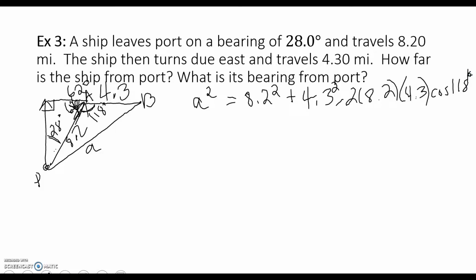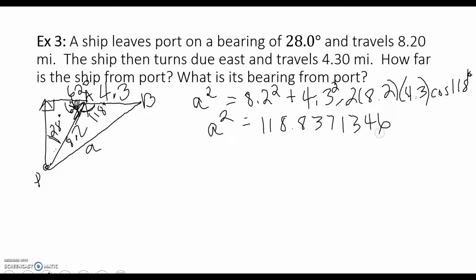If you plug all that in your calculator, 8.2 squared plus 4.3 squared minus 2 times 8.2 times 4.3 times cosine of 118, you get 118.8371346. So a squared is equal to that. Again, you don't have to write this out. I'm just giving you a point of reference so you can see if you're getting the same answers as me.